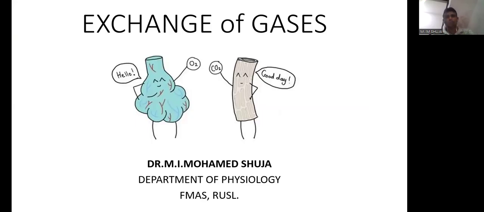Mainly the oxygen goes there. Simultaneously, carbon dioxide in the pulmonary circulation diffuses, comes to the alveoli and is expired out. So that is basically the gas exchange, or exchange of gases.